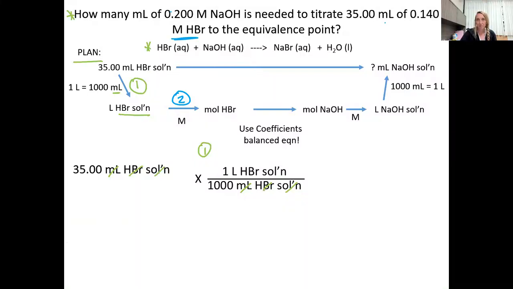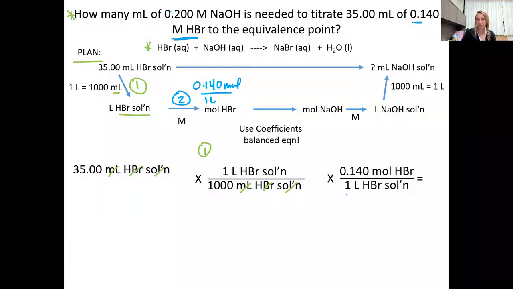So molarity of HBr is 0.140 moles over 1 liter. Because I have liters up here, I'm going to put liters at the bottom, and pay attention to those labels. Liters at the top cancel with liters at the bottom, HBr cancels with HBr, solution cancels with solution, and I'm left with moles of HBr.